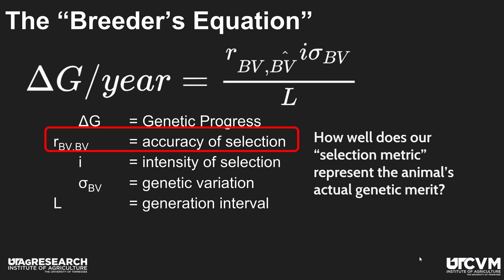And so the more related those two things are, the more often we're able to make the correct genetic selection decision. The more often we make the right decision, the faster our genetic change towards our breeding goal, right? And assuming that our breeding goal is in a positive and profitable direction, we're helping our commercial producers be more profitable faster when we make that genetic selection decision more accurately.